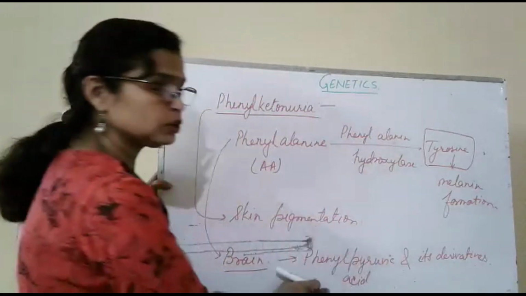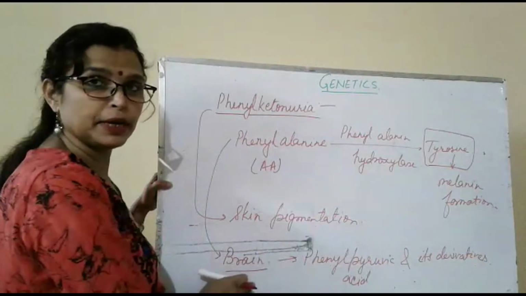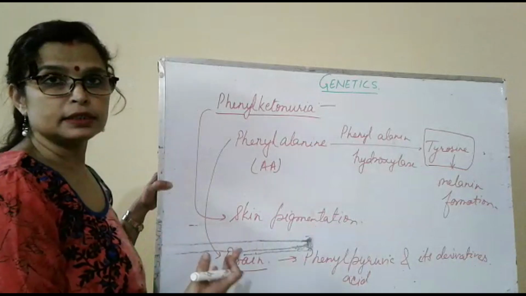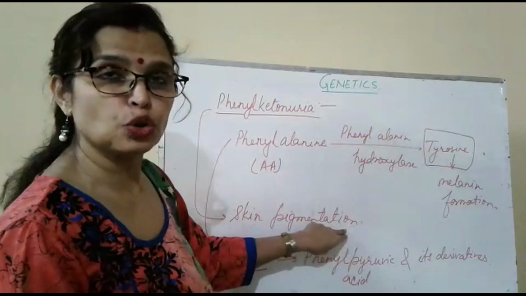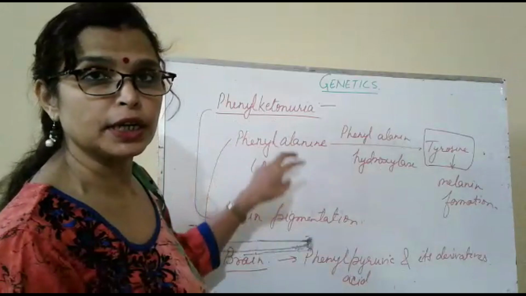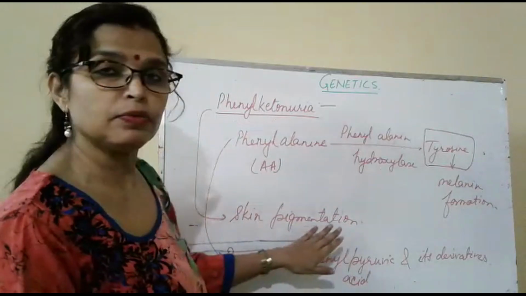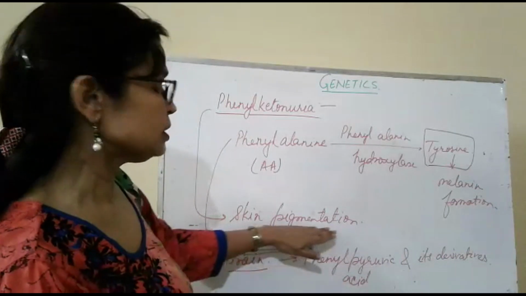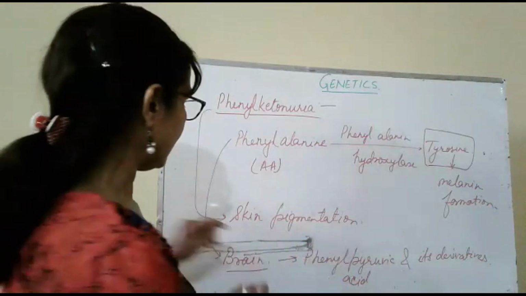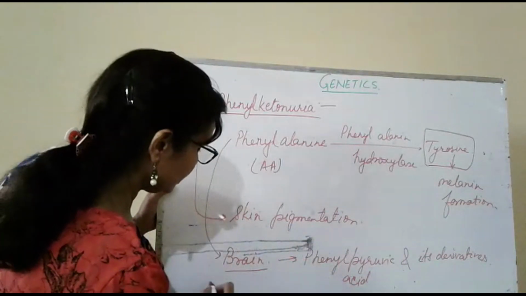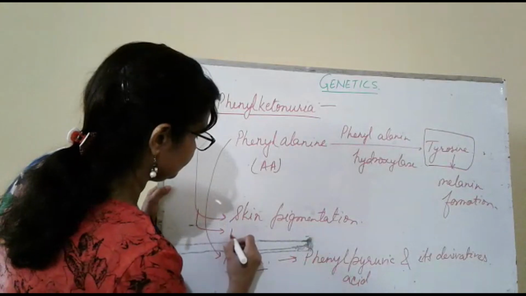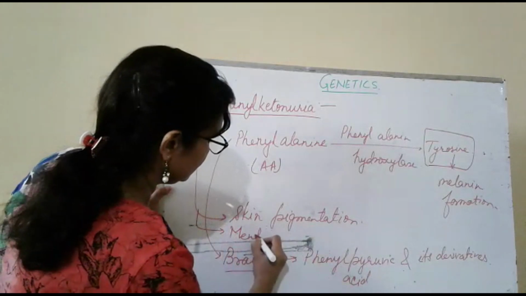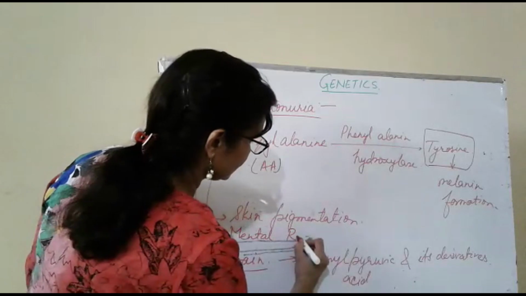Due to accumulation of this acid in the brain, mental retardation takes place. There are so many effects in phenylketonuria, but here we are discussing only a few. So one effect is the disturbance in skin pigmentation, and the next is mental retardation.